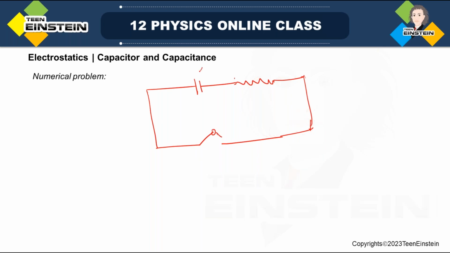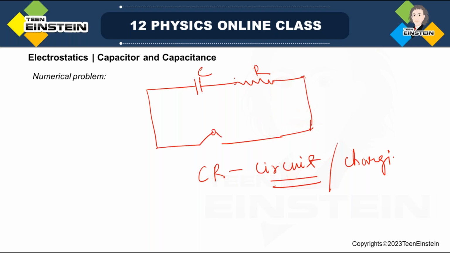So this is C and this is R. So next day we'll be learning the CR circuit, charging and discharging of a capacitor.